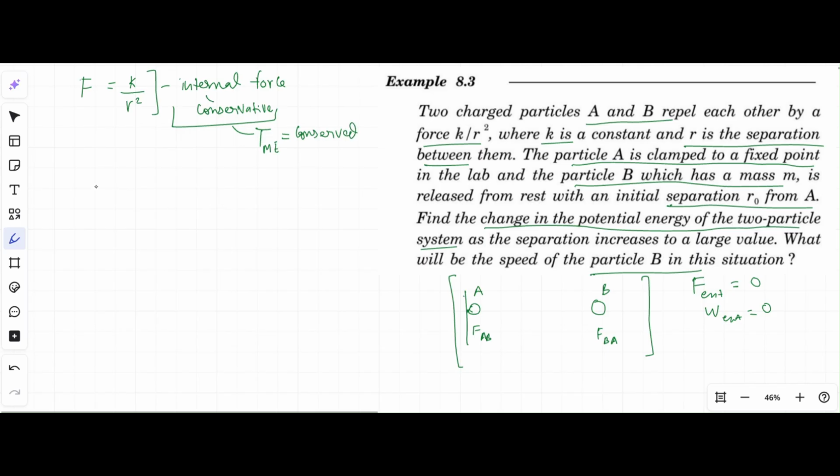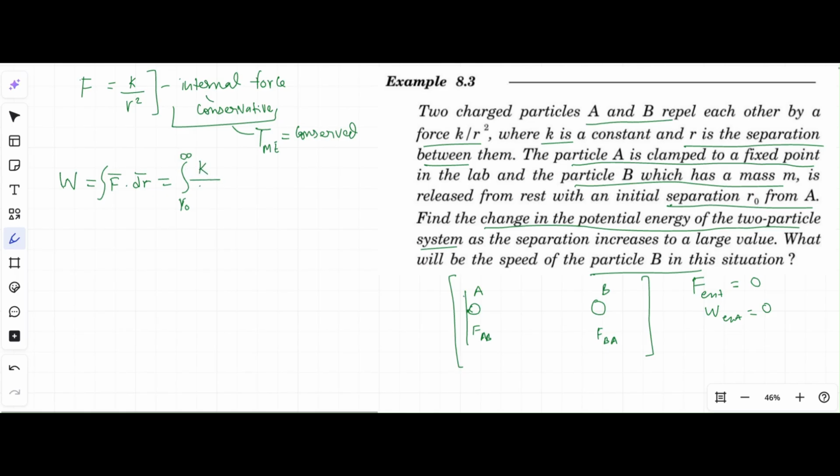So here we can write that the work done by this internal conservative force, the force which is acting to repel A and B, is equal to the integration of F dot dr, which is equal to the integration where the initial separation is r naught, and up to infinity wherever it goes.